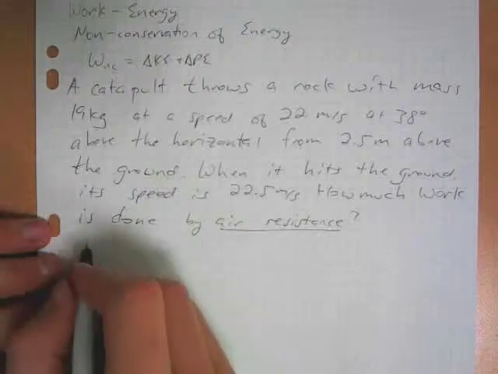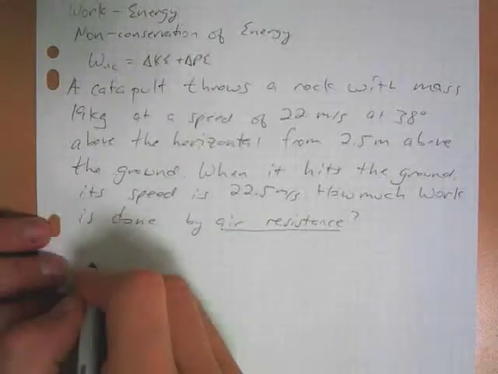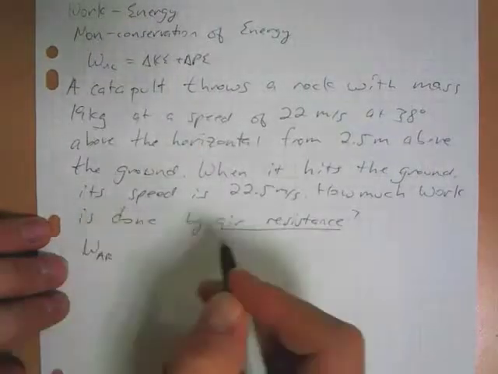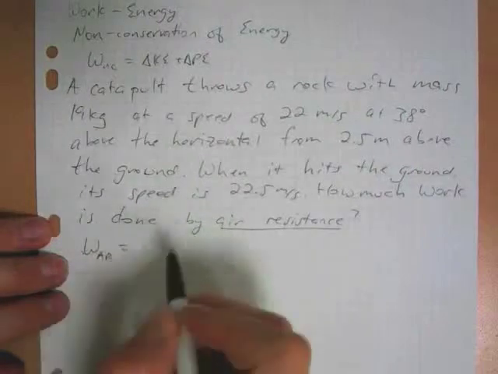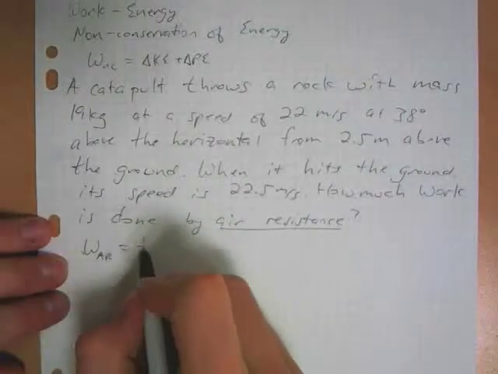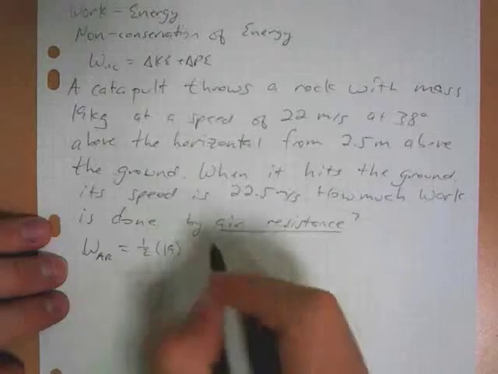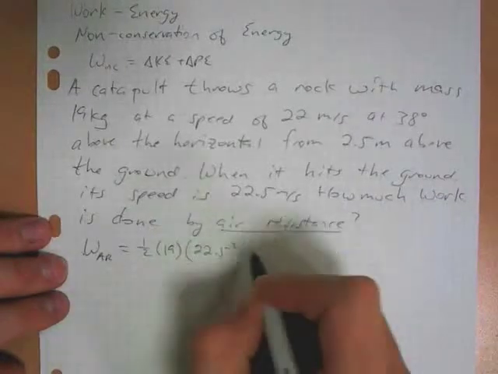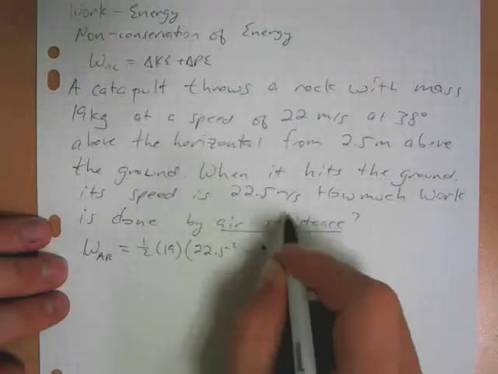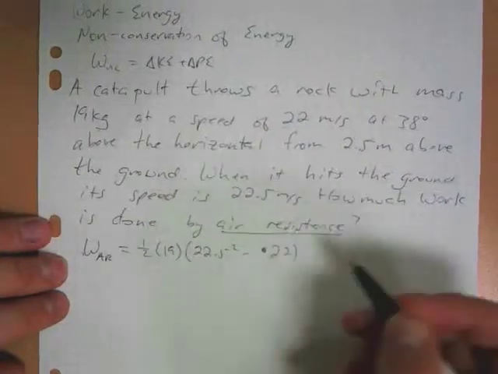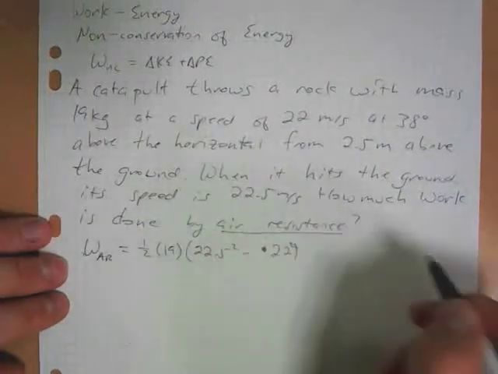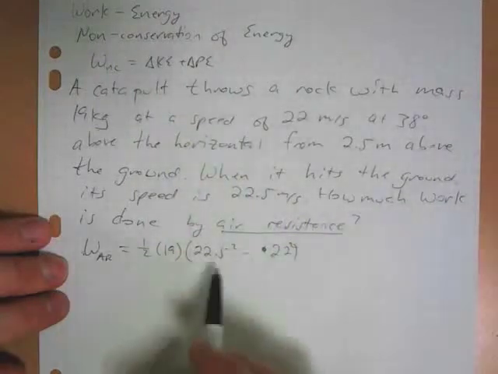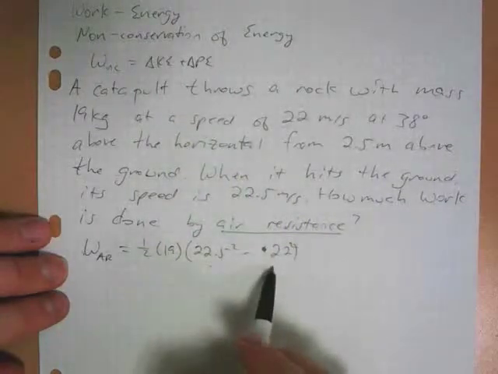So for the work non-conservative, we plug in work done by air resistance, and then we have delta KE, which is 1/2 m times V final squared, 22.5 squared, minus V naught squared, 22 squared.